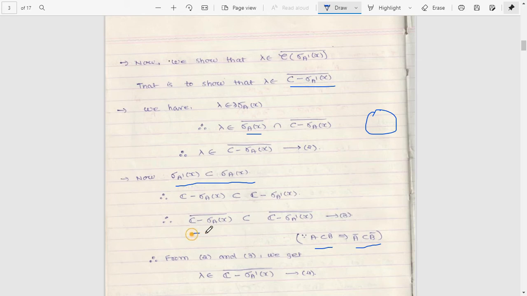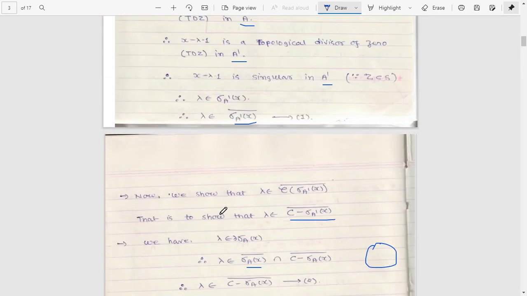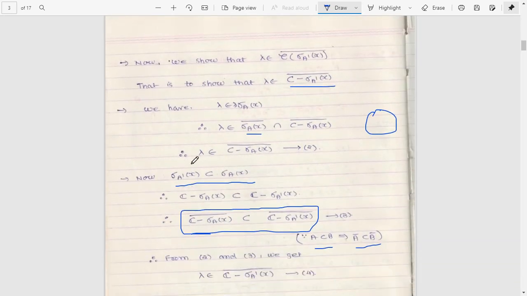So we can write this as equation number 3. From equation number 2, lambda belongs to this and this is a subset of this.